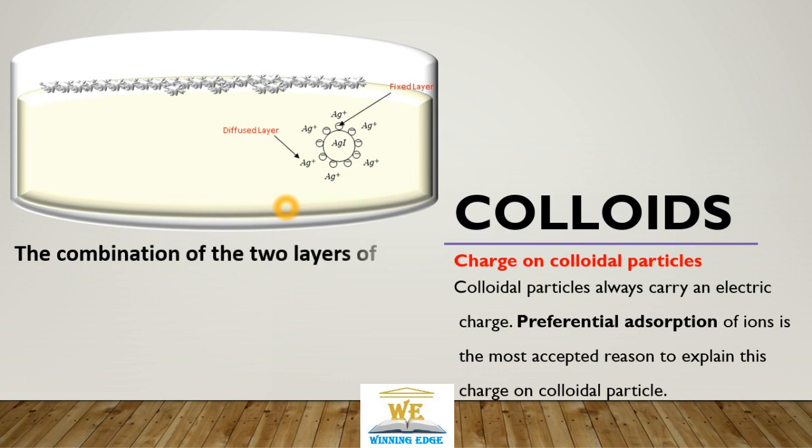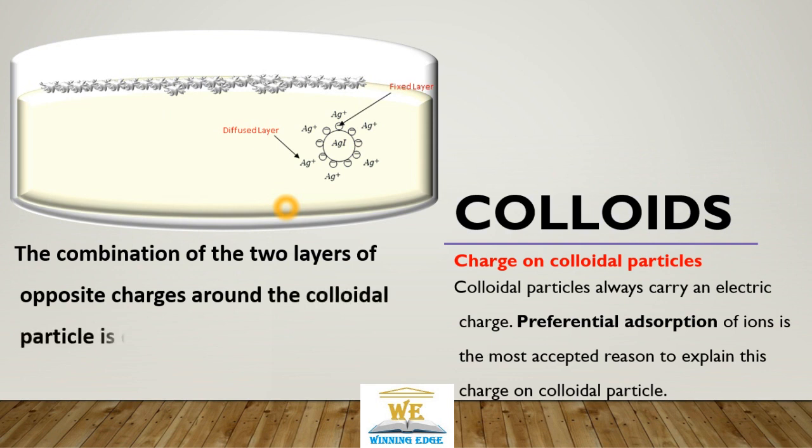The combination of the two layers of opposite charges around the colloidal particle is called the Helmholtz electrical double layer. In colloidal solution, because silver iodide has preferentially adsorbed iodide, around this iodide a second layer of ions does exist.